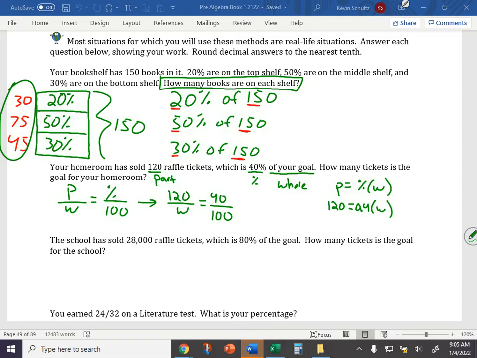And then the whole is what we are solving for. Either way you want to do it, or both, if you really want to be super math, solve for the whole. I'll give you 30 seconds to do that now. Using the proportions or the equation, or possibly even both, what's your goal for the homeroom?